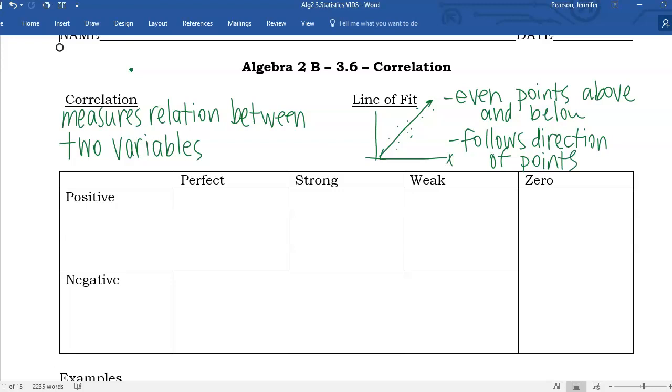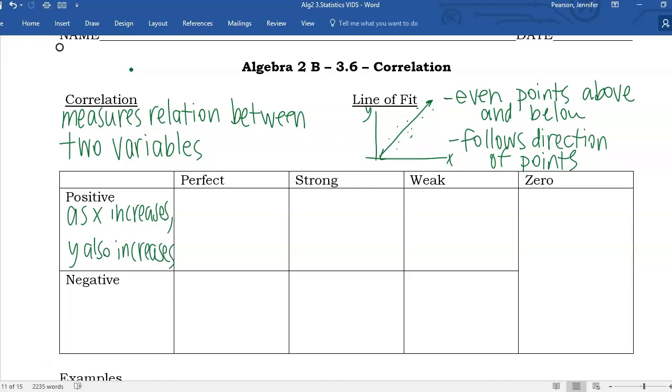So let's talk a little bit more about correlation. Correlation can be positive or negative, or it could also be zero. A positive correlation means as x increases, y also increases. And that would be the example that I drew for line of fit, right?